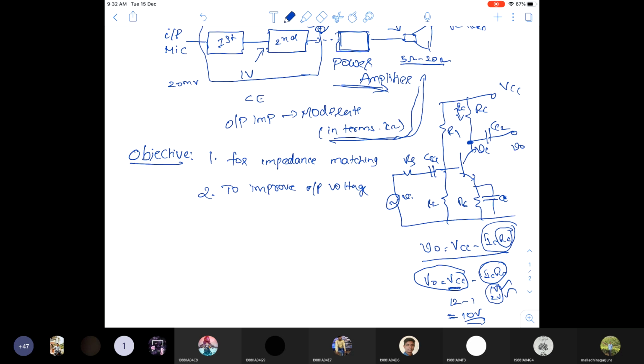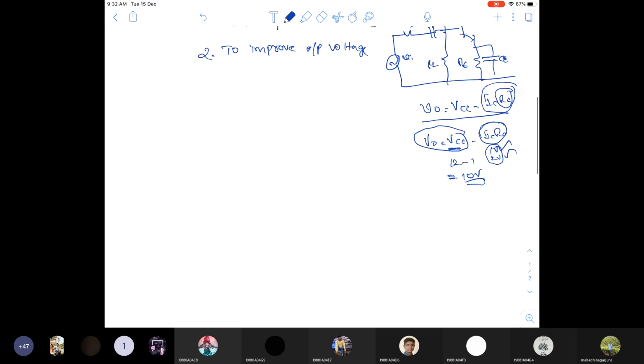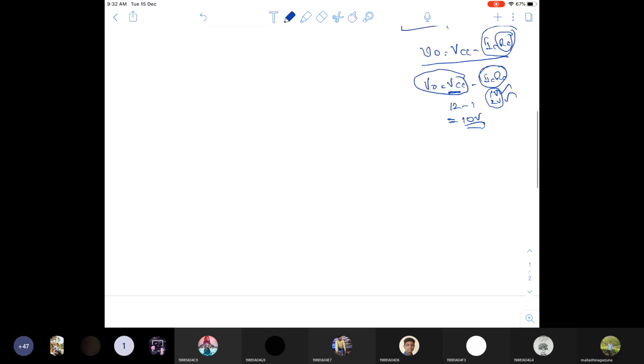Now coming to the next topic: power amplifier versus voltage amplifier.